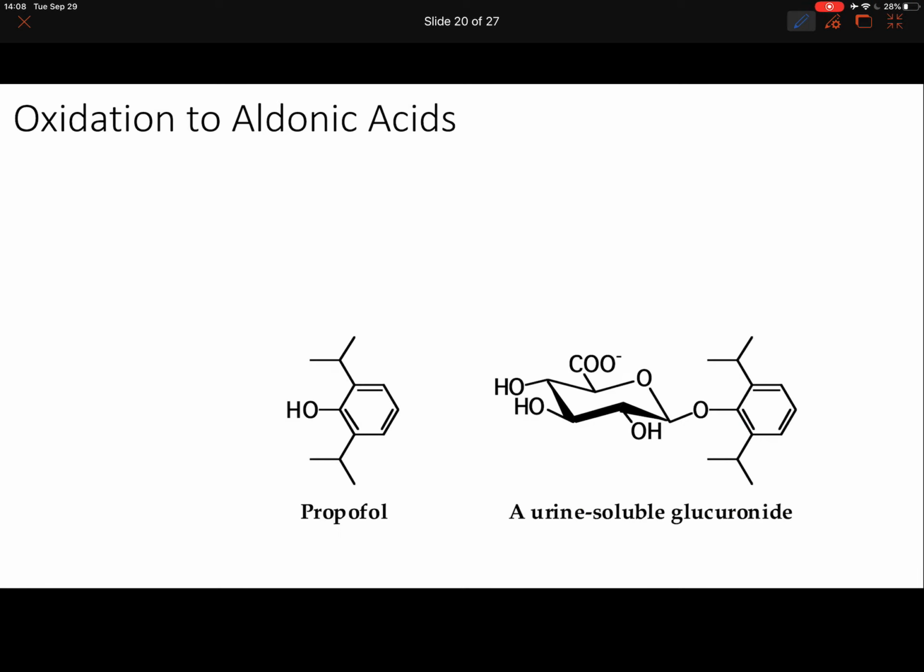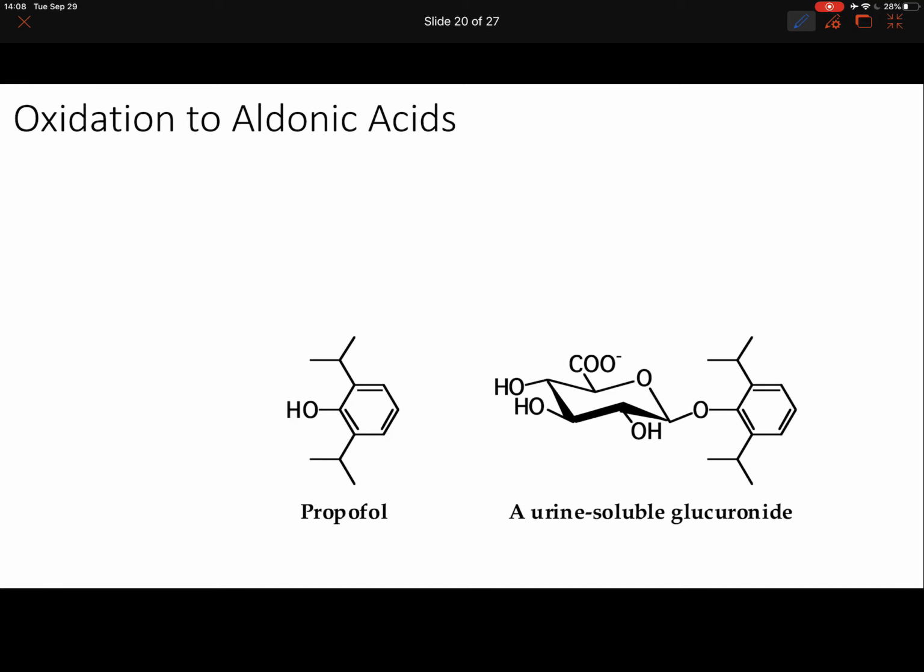The body uses glucuronic acid to detoxify foreign alcohols and phenols. So basically, it lets those react with each other. These compounds then get converted in the liver to glycosides of glucuronic acid, and then excreted in the urine. Here are two of those examples.